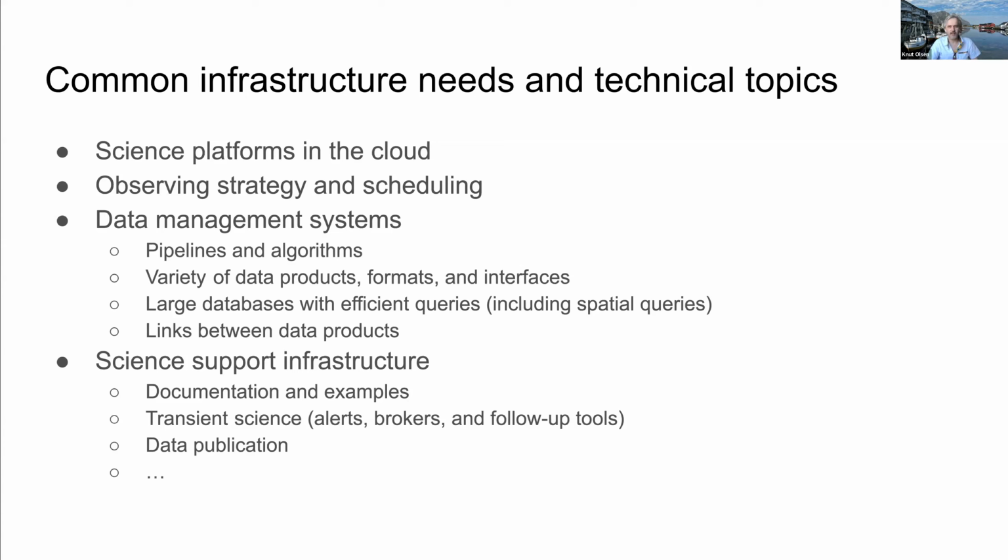Science platforms in the cloud is something that's featured in both projects. Rubin Science Platform is in the Google Cloud, and Roman's is at Amazon Web Services. But I'm sure that there are experiences between the two deployments that could be valuable to each other.